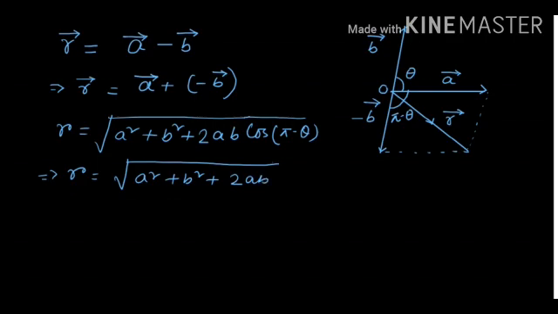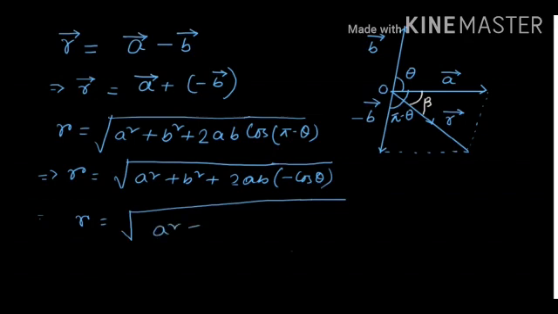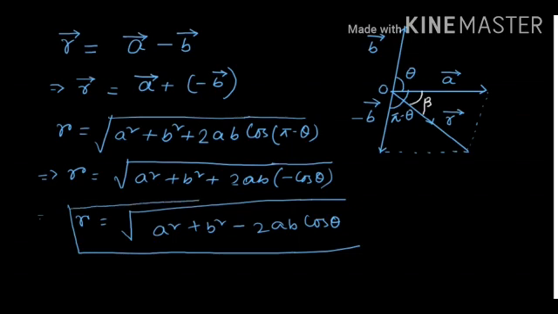Now cos of 180 degree minus theta is minus cos theta. So the resultant will be root over A square plus B square minus 2AB cos theta. This is the magnitude of the resultant vector A minus B.